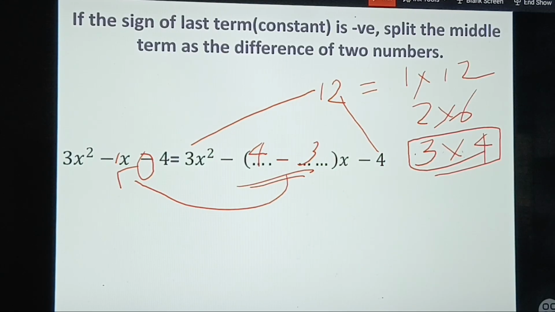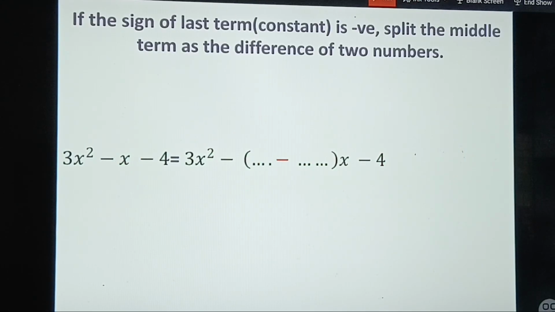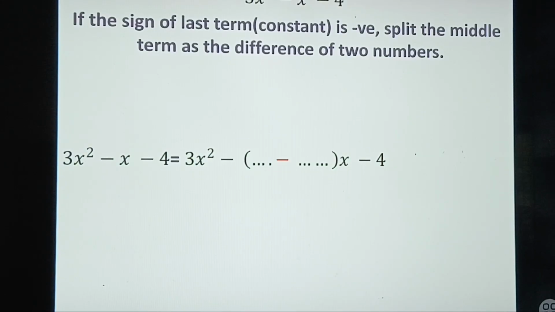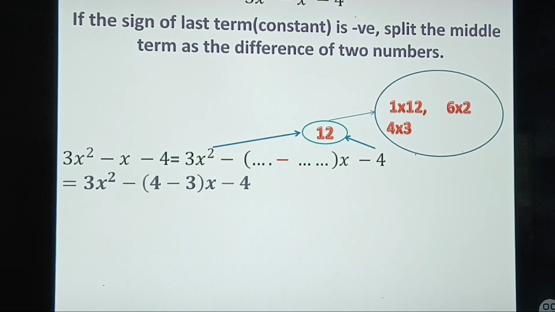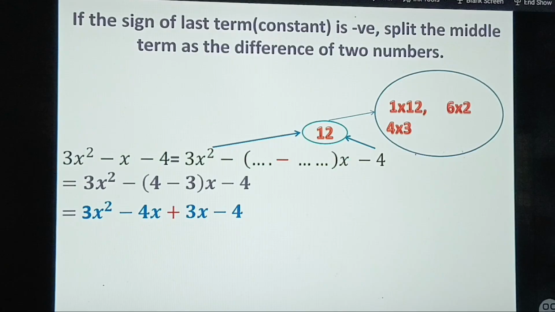So we get the right combination. 4 minus 3 into x: with this minus we multiply minus 4 into x, it is minus 4x. Minus into minus 3 is plus 3, into x, it is plus 3x.